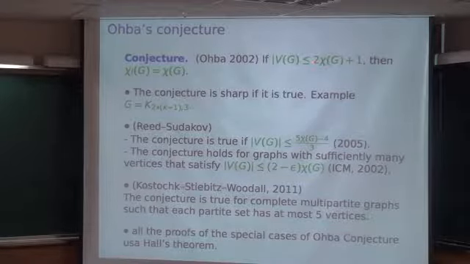But there's one slight difference. Here it is at most two times the chromatic number plus 1, but this one is actually less than 2. There's still a slight gap. And then Kostochka, Stiebitz and Woodall showed that this conjecture is true if each subset has at most 5 vertices.